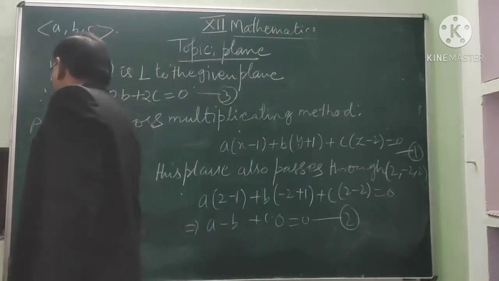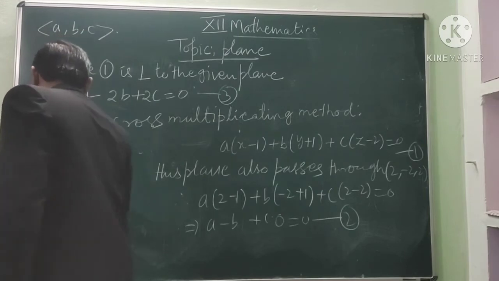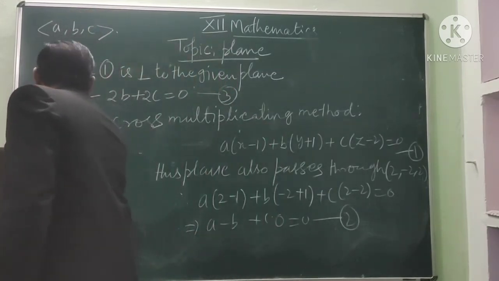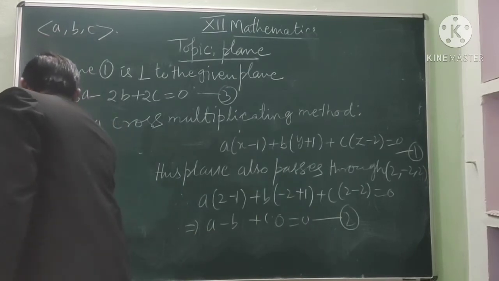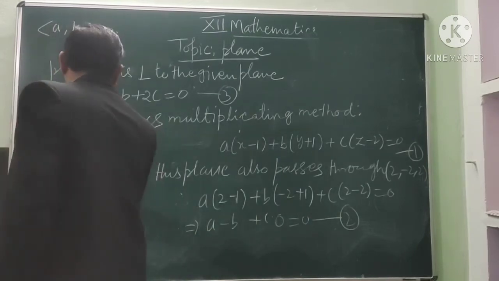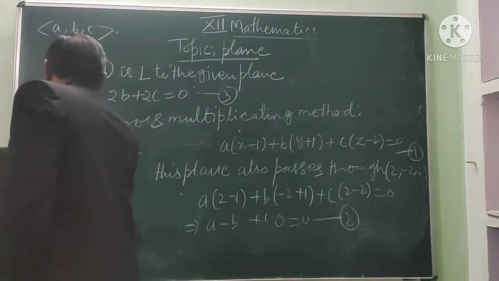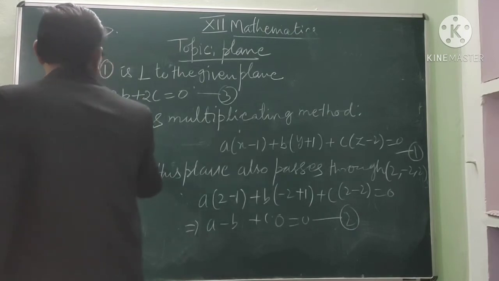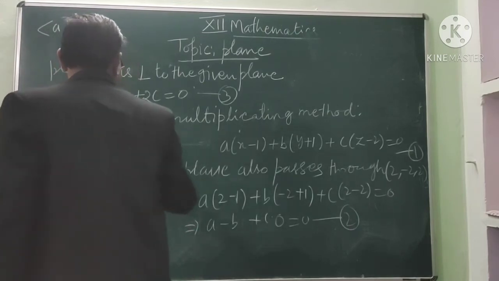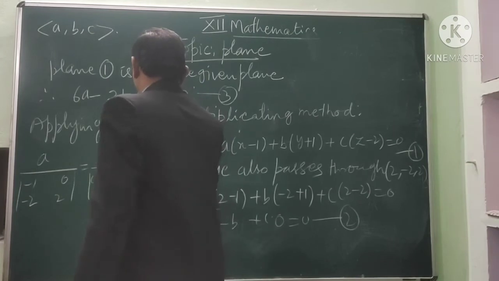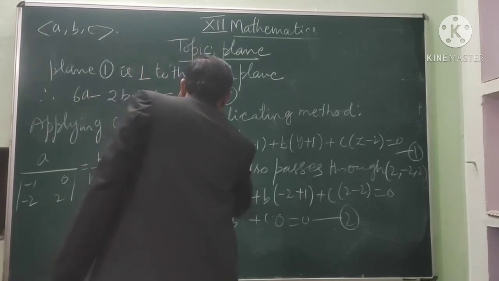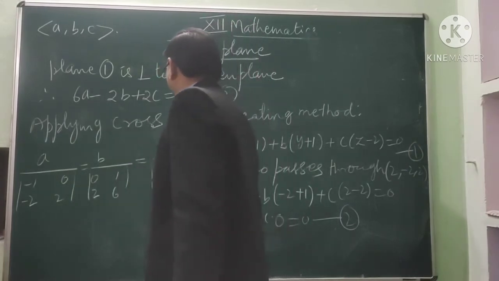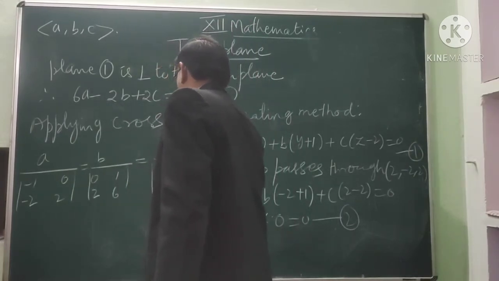So we will get a upon the second order determinant with rows -1, -2 and 0, 2, equal to b upon the determinant 0, 2 and 1, 6, then c upon the determinant 1, 6 and -1, -2.